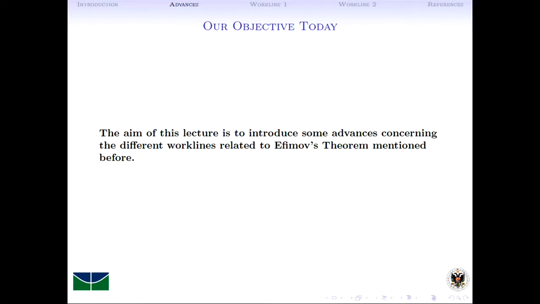And the second line I want to expose here is the extension of Efimov's theorem to complete surfaces of R3, allowing a compact border in the surface. This is our objective today: to introduce some advances concerning the different lines of work related to Efimov's theorem, summarized in two.